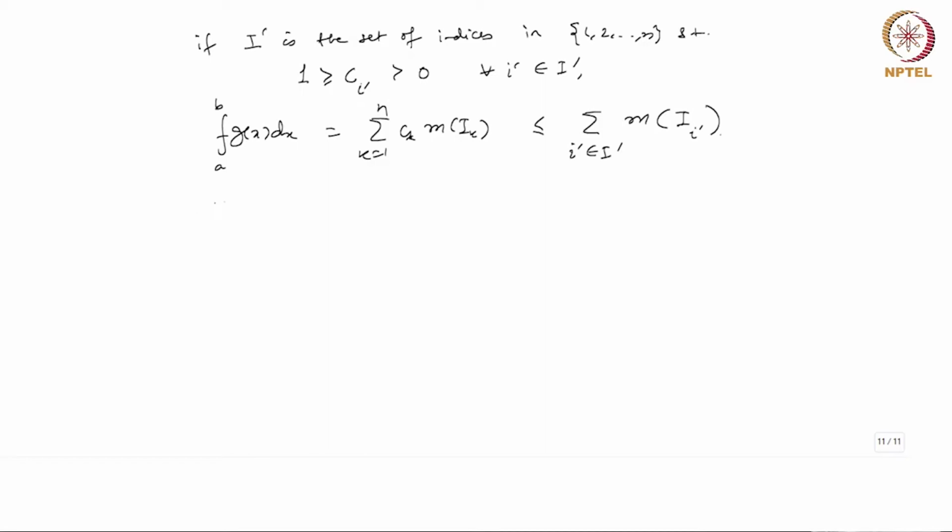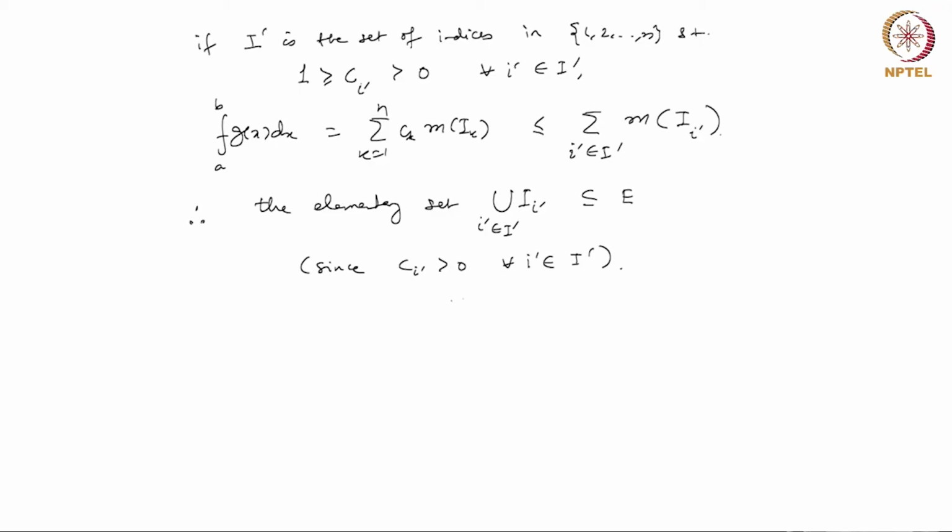So now therefore the elementary set, the union of I_i' over i' in I', is an elementary set that sits inside E, that must sit inside E because c_i' is greater than 0 for all i' in I', because otherwise this pointwise inequality that we had for g and chi_E will not hold.